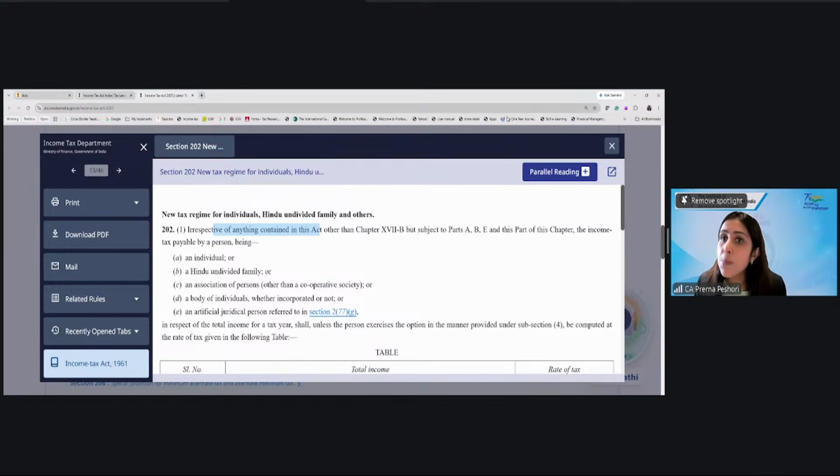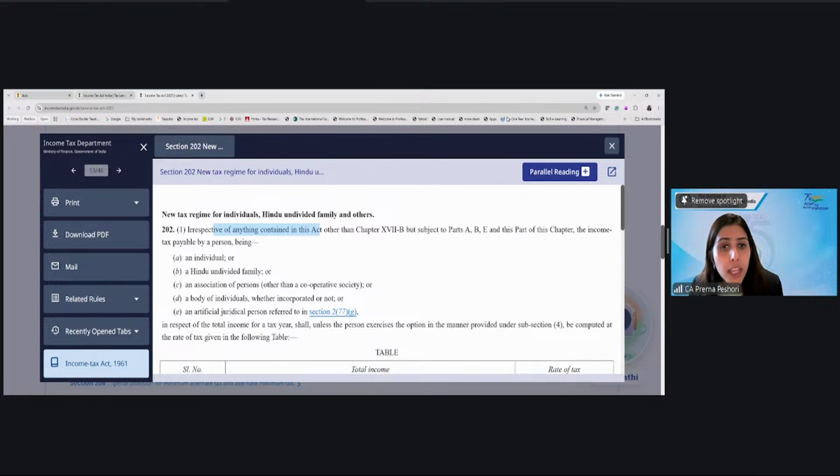So wherever special rates are given, for example, you have specific rates for long-term capital gain, for winnings from lotteries, for virtual digital assets, those are taxed at 10%, 12.5%. So those rates will be applicable and not the slab rate on that set of income. Are we getting this first part? I hope you are understanding.